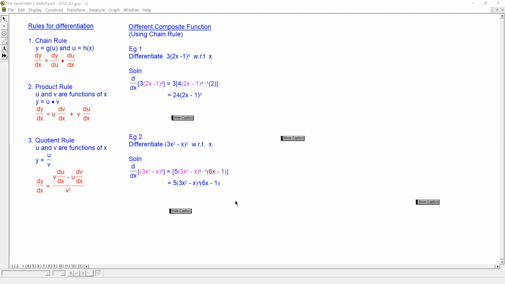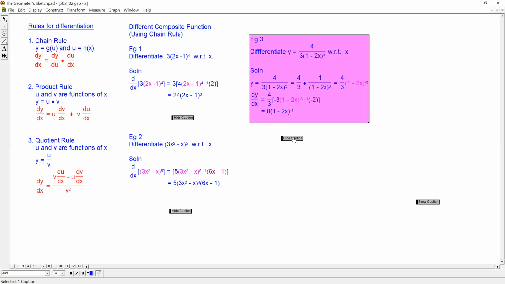So composite function, chain rule, 2 steps: differentiate the bracket, then differentiate inside. Okay, right. Do you know how to differentiate this one? You copy down the question, then we are going. The time is up already. We go for the second session.